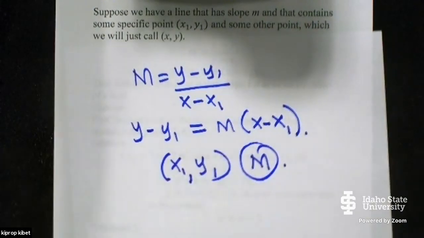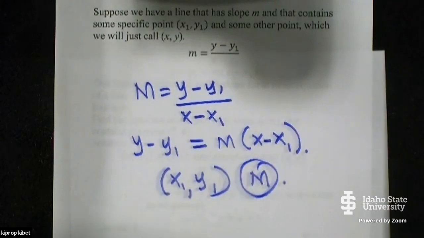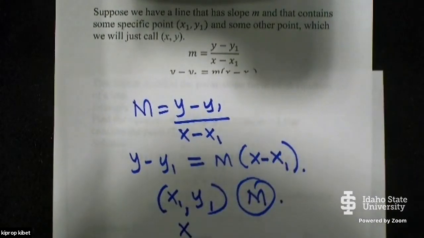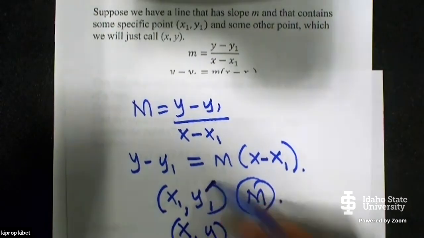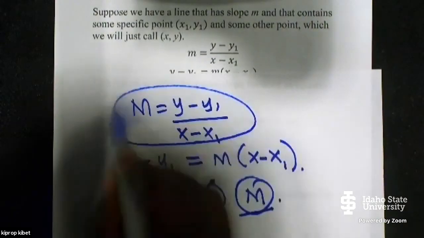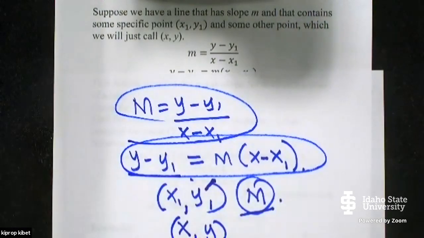And then you're told to look for the equation of the line. You take another point, which is x, y, and then you use that point and also use m, and then you use this equation here. Okay. So example number 1.